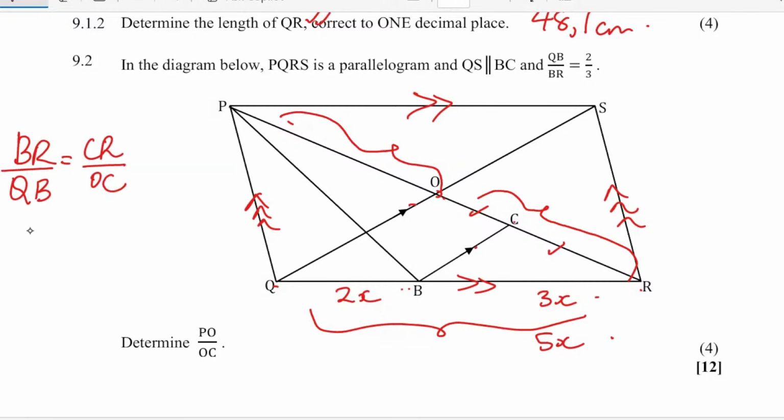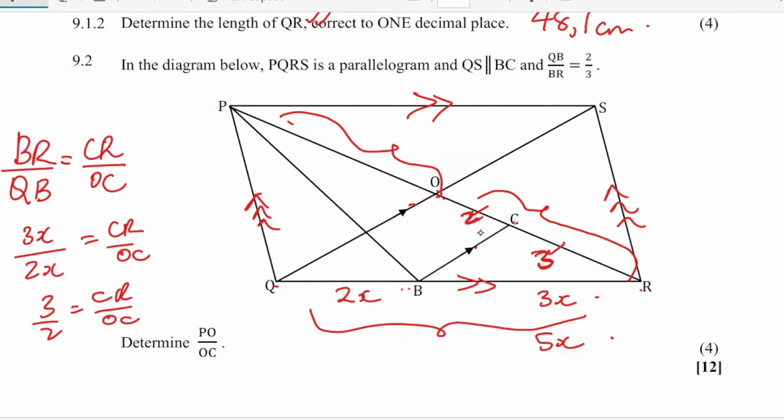Why don't I just look at the whole thing? Let me break it down bit by bit. So our BR is 3x over QB, which is 2x, equal to CR over OC, which means it's 3 over 2. So CR is 3, this is 2, we're saying that is x and x, but the whole of this is 5x.